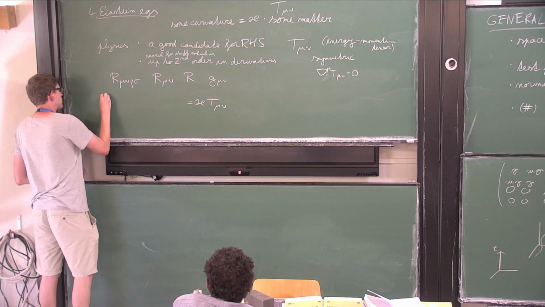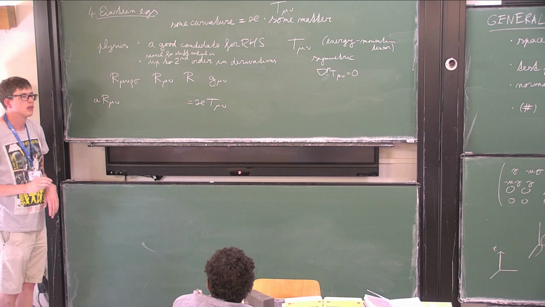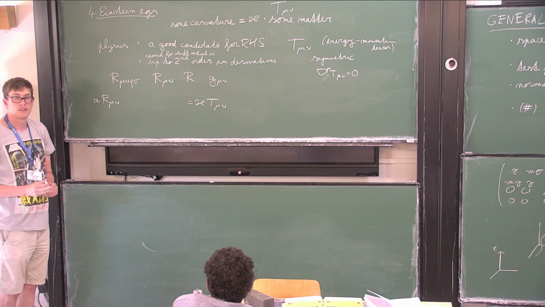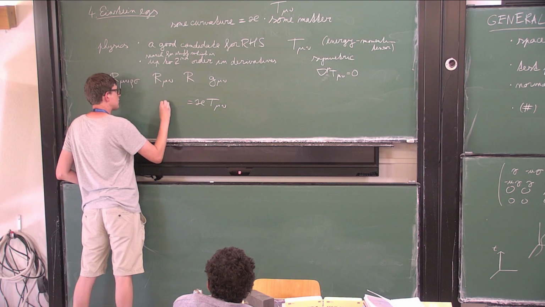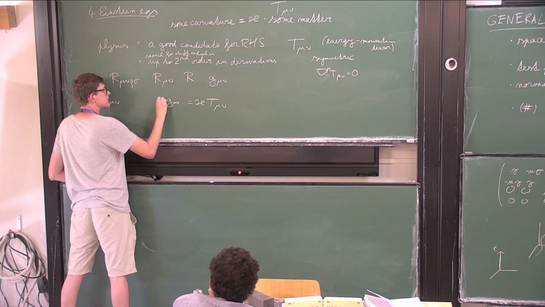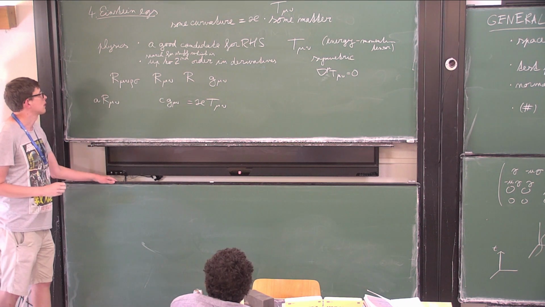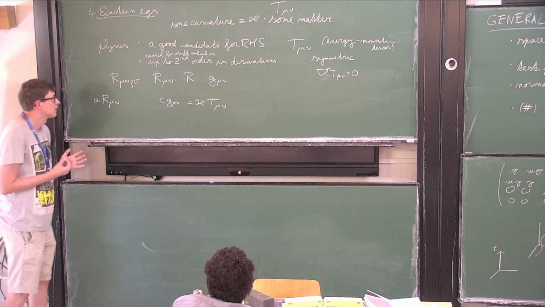Very good. Ricci tensor. Let's put some number in front of it. What else? The metric. Very good. We'll put that as the last one. Metric, with some coefficient, I will call it C, which might be a hint of how many things are missing. What else?